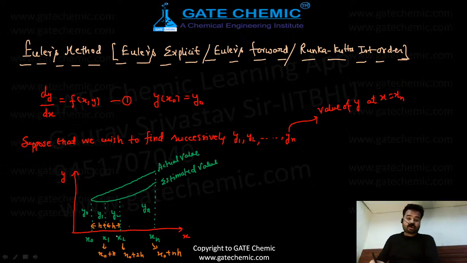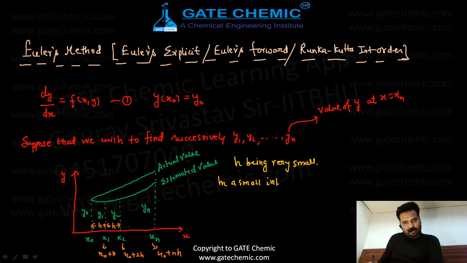Now see, because this h is very small, that is in a small interval, any curve looks like nearly a straight line.